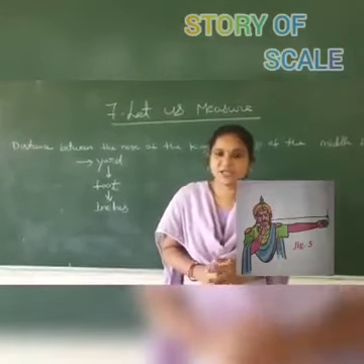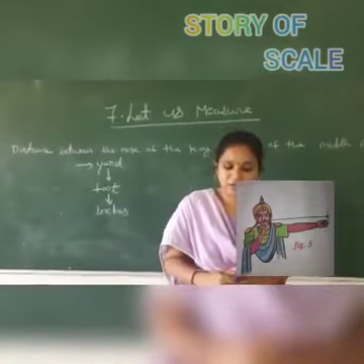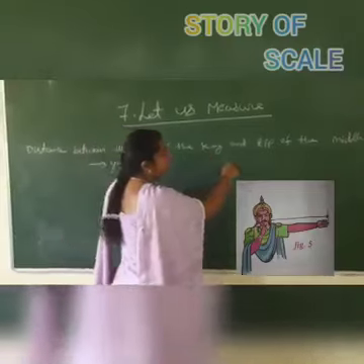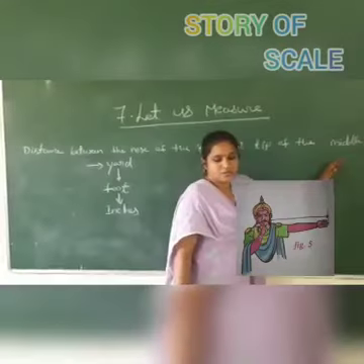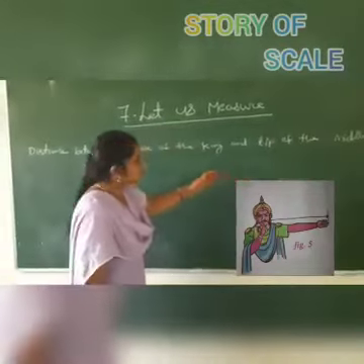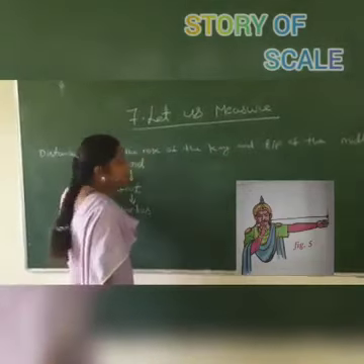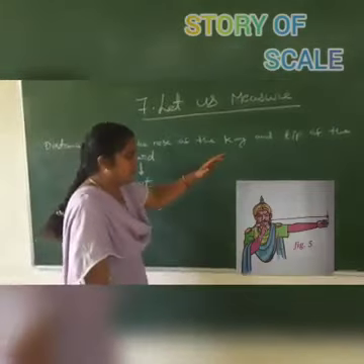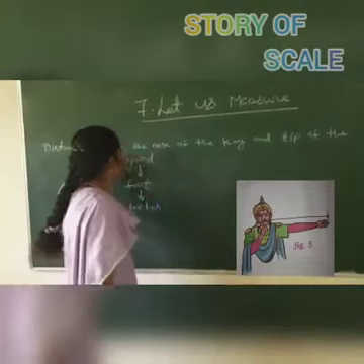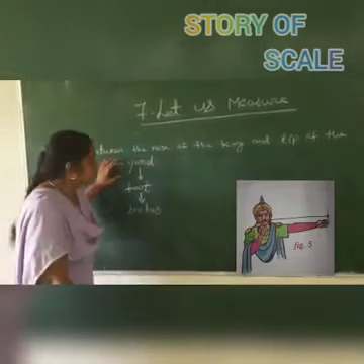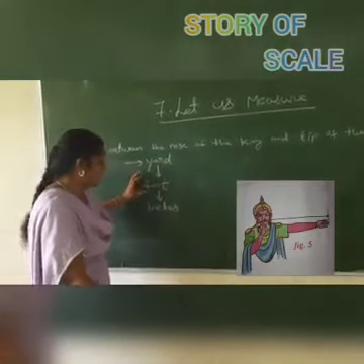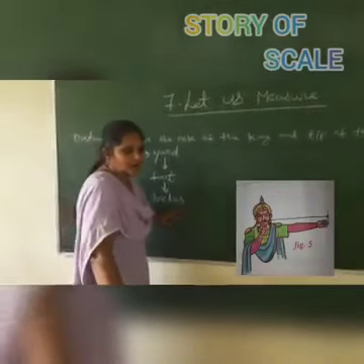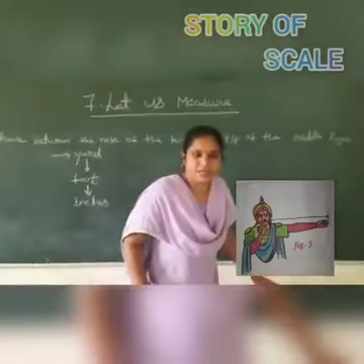They found the distance between the nose of the king and the tip of the middle finger of the king, and this distance is called 1 yard. Later yards were divided into feet, and later the feet were divided into inches. This is the standard unit they found.